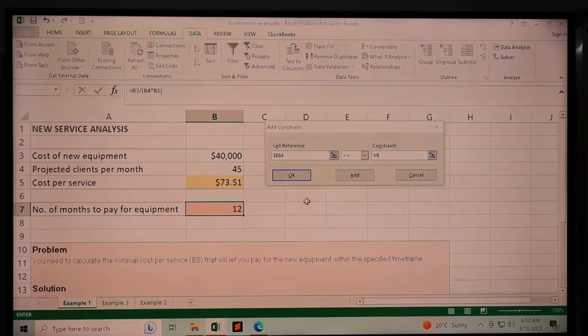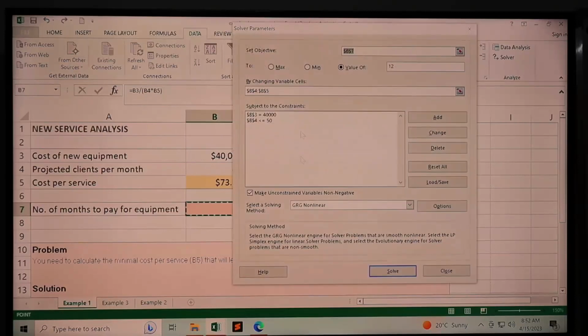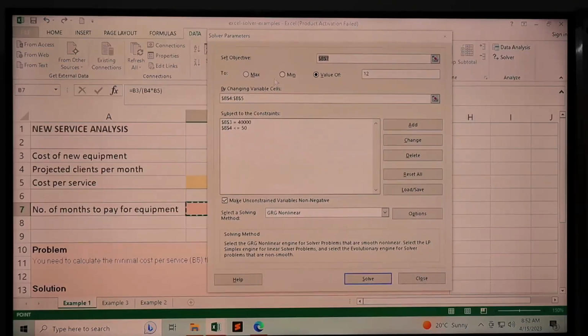So then from there, once you do that, you have already set the two constraints, you click OK to return you back to the Solver Parameters dialog box. So here, we have set all three parameters, that is the objective, the variable cells, and we also set the constraints.